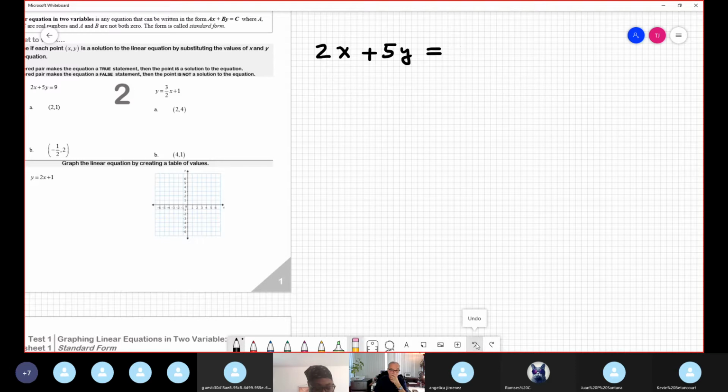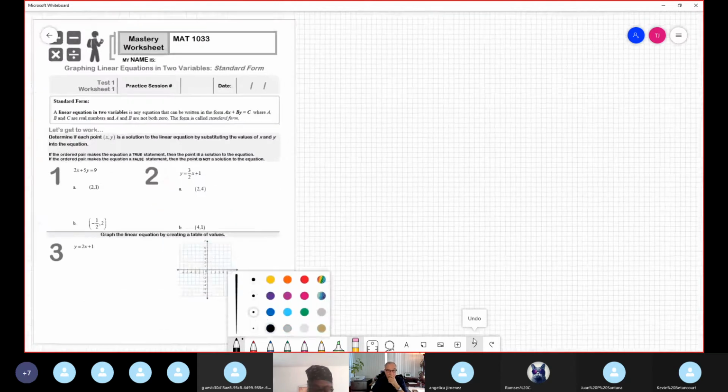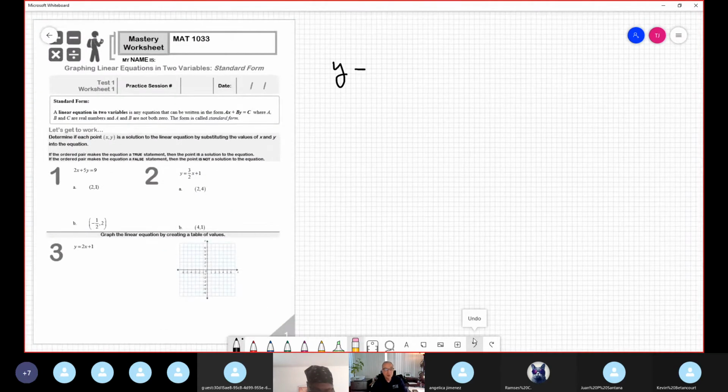Move on, number 2. Number 2 is the equation y equal 3/2 x plus 1. I need to verify on this line the points 2,4 and 4,1. See what happened? Okay, this is the x component, this is the y component. This is the x component, this is the y component.